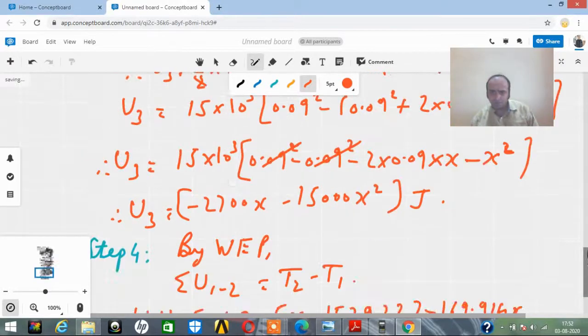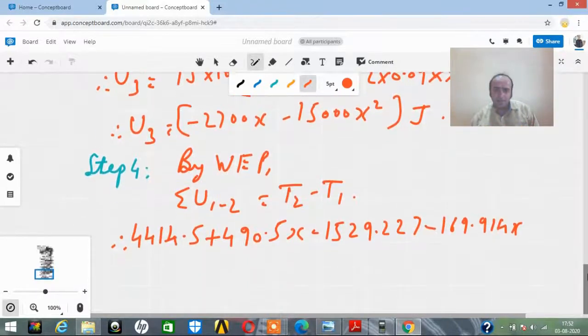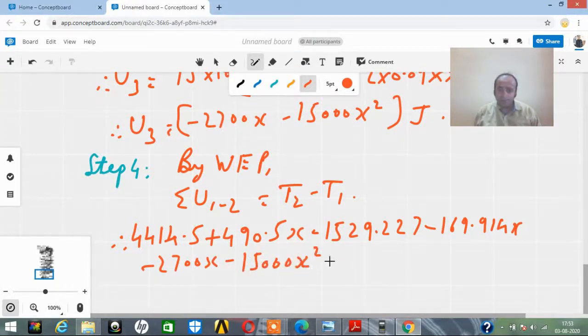Last, minus 2700x minus 15,000x square, is equal to T2 minus T1, where T2 is 0 and minus 1250 is your T1.